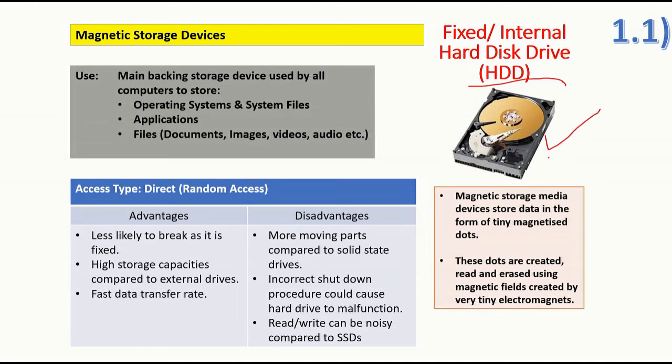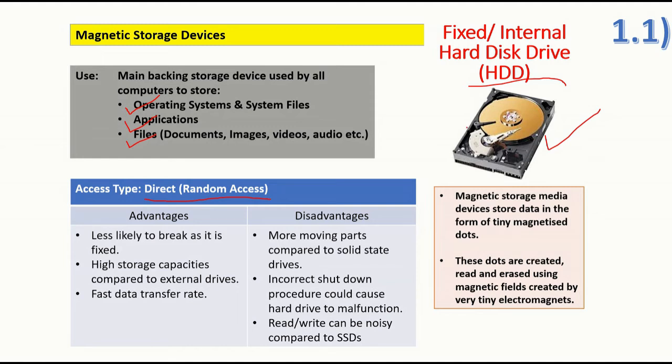It stores your operating system files, your other system files, any application data you have, all the files on your computer, including from your desktop, your documents, your images, videos, and so on. The kind of access type that is used in a fixed internal hard disk drive is direct or random access.